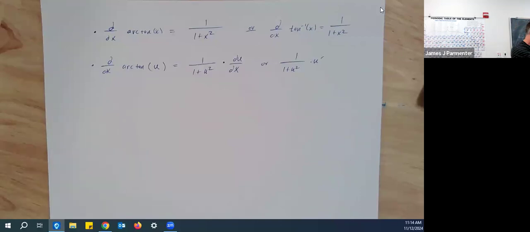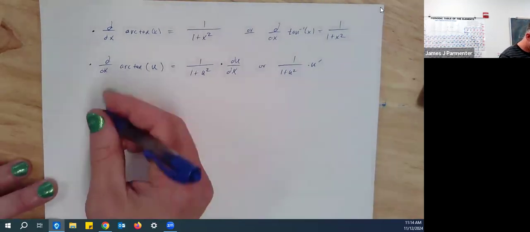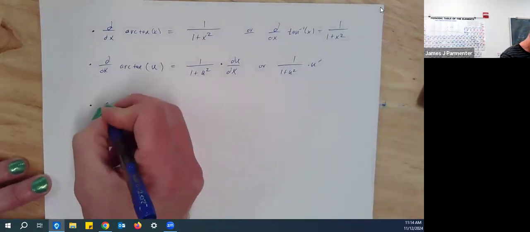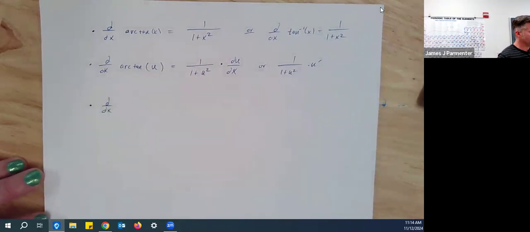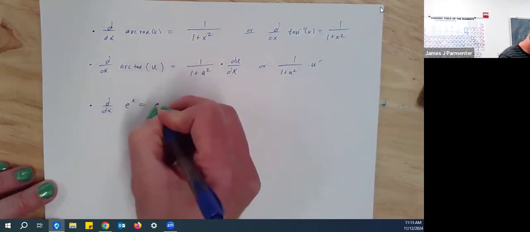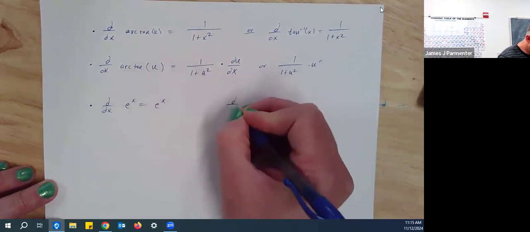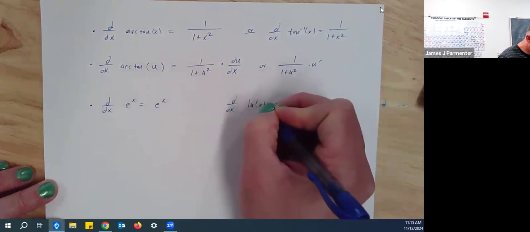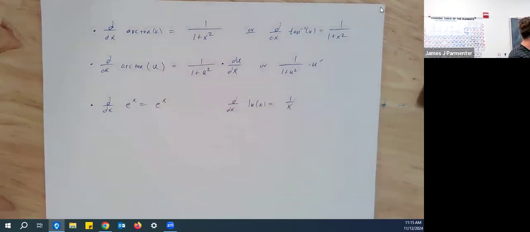There's a few other rules that we've learned in this section that we should talk about. I'm going to write down like 8 rules here, but they're really only 2 rules. It's just that they're larger and larger versions of the same rule. So the derivative of e to the x is e to the x, and the derivative of the natural log of x is 1 over x.